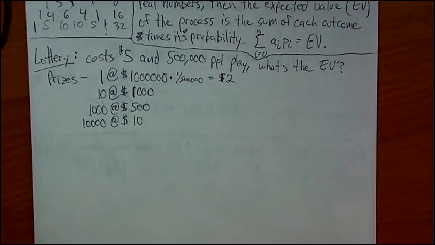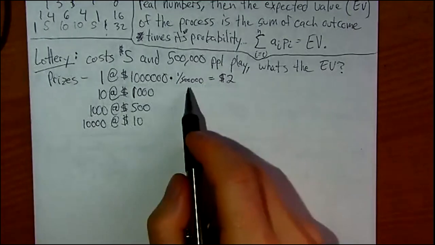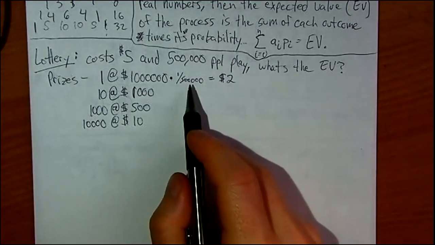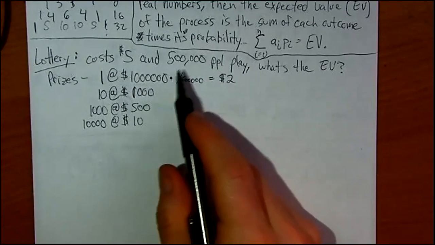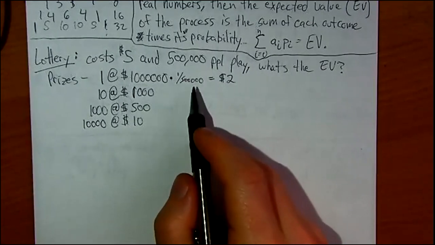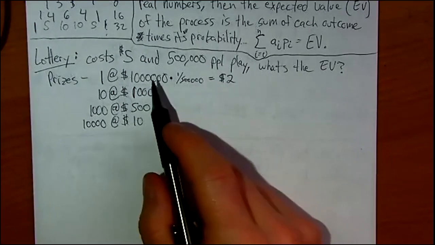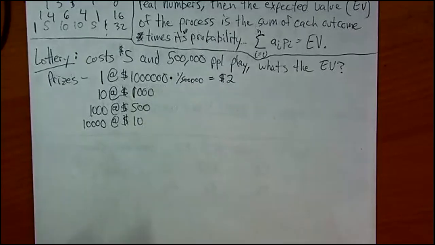Another way of thinking about this: if you were to play all 500,000 tickets, all 500,000 chances to play this lottery, then you'd be assured to win the $1,000,000, right?